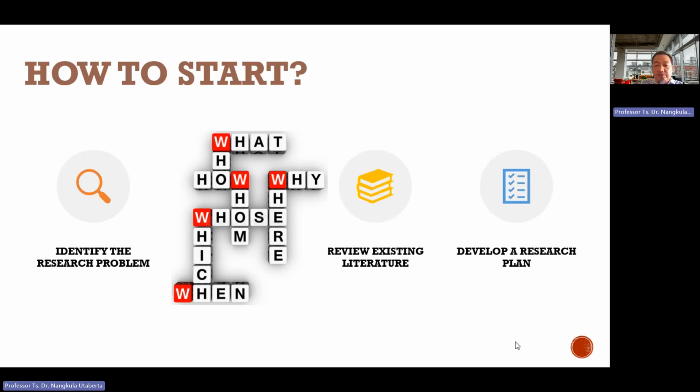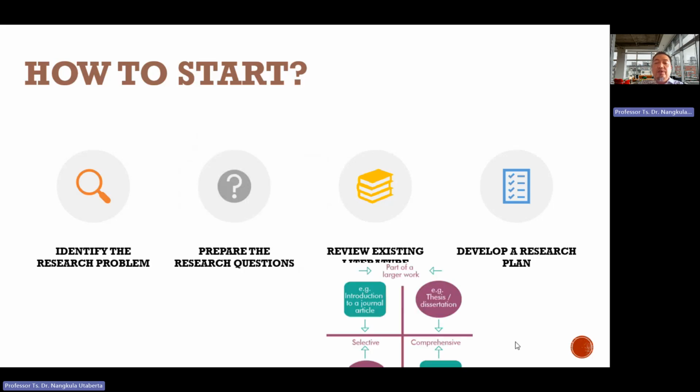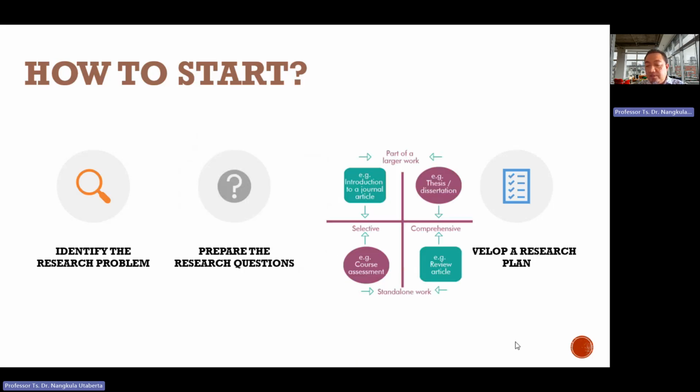Then what you need to do after you identify this question is go to the existing literature. That's why when I ask you to identify 10 papers, one of you identifies 10 papers. If six of you are in one group, you have 60 papers. For the whole class you have maybe 300 or 400 papers. So when you discuss with each other, you're supposed to have a comprehensive understanding of those things.